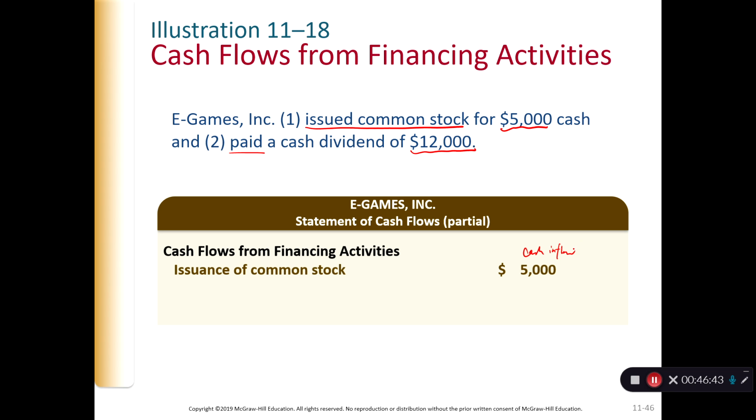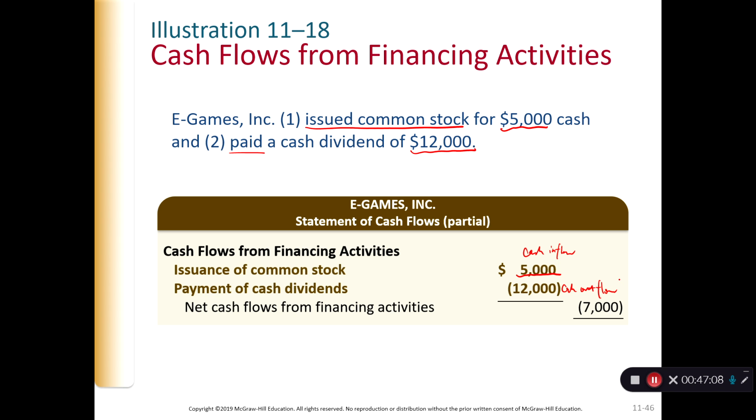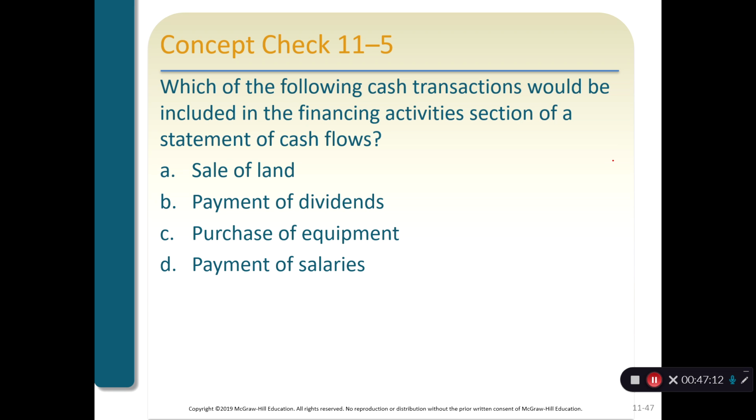Basically, $5,000 worth of stock equity is sold to outsiders, so you raise $5,000 from the equity market. Then you pay the dividend to the existing common stockholders for $12,000. That's a cash outflow, right? So the cash flow from financing activity is decreasing by $7,000.